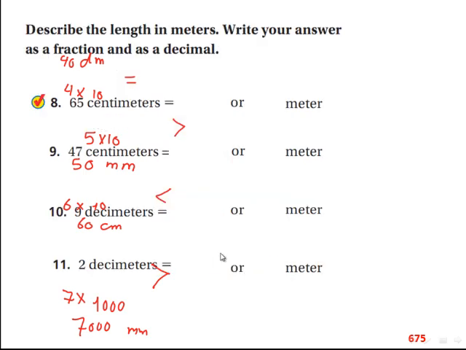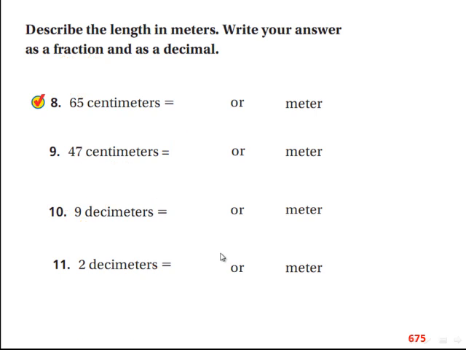Here we go. Let's learn another idea. Describe the length in meters. Write your answer as a fraction and as a decimal. Question 8 says 65 centimeters equals what or what meters?